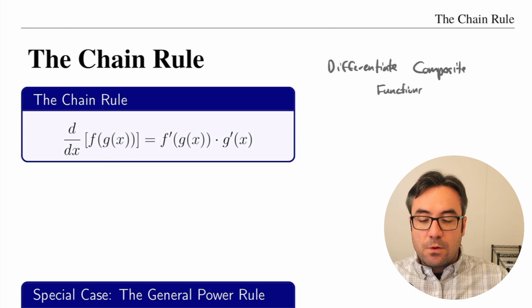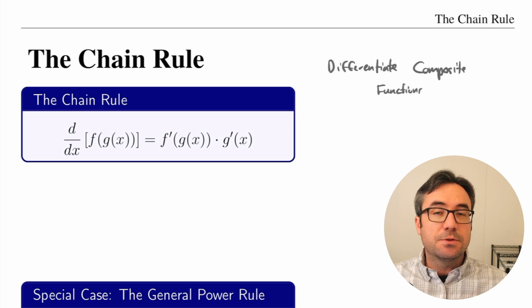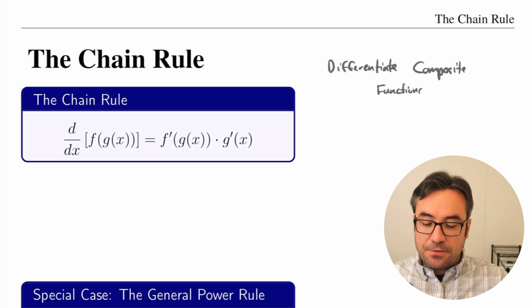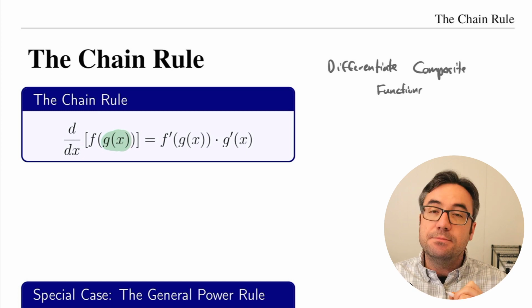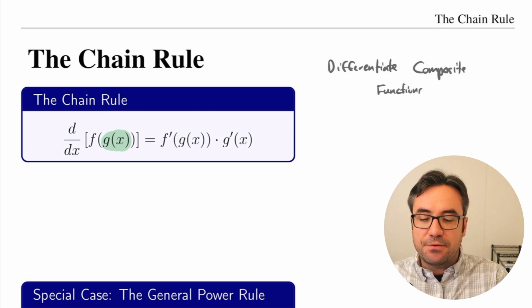As we were investigating, it's helpful to be able to recognize what the inner function is and what the outer function is. In this case, the inner function is g of x, because it's literally getting plugged into function f. And the outer function is the other one, on the outside.